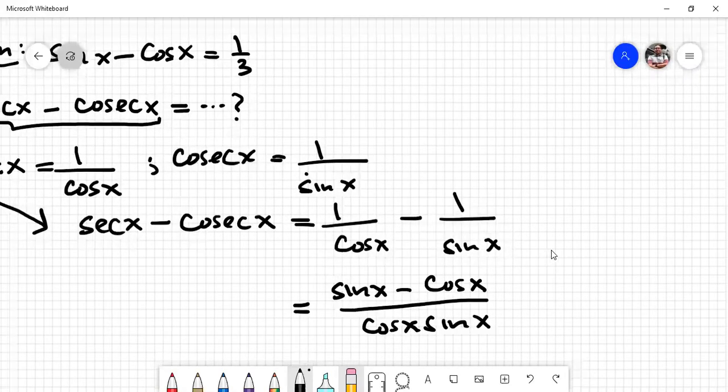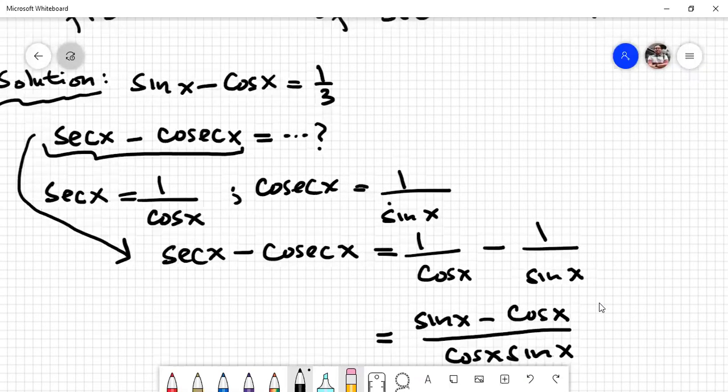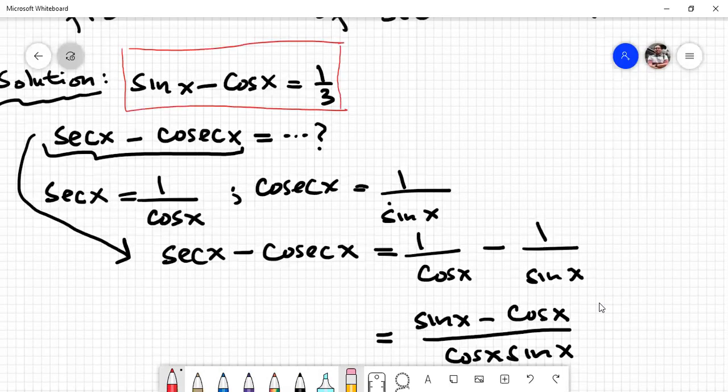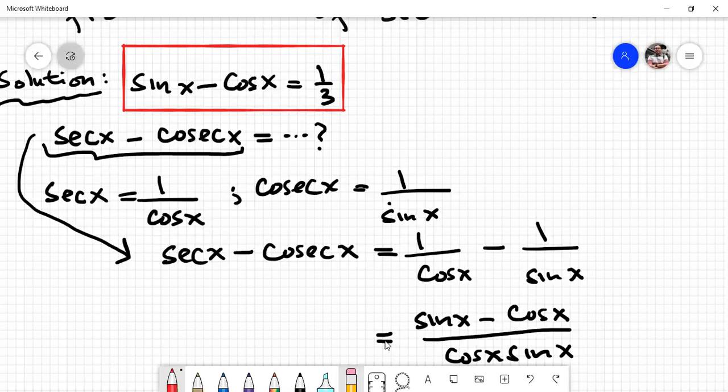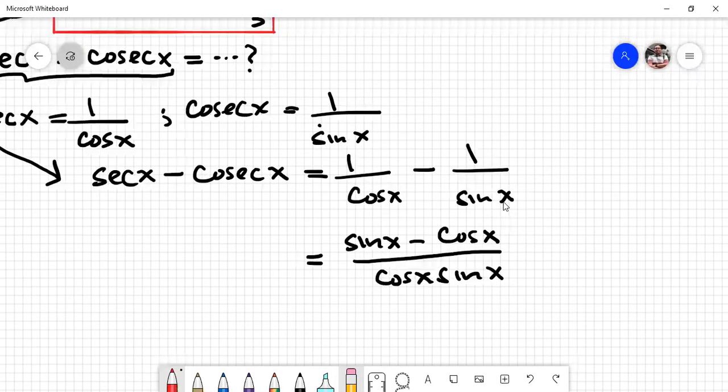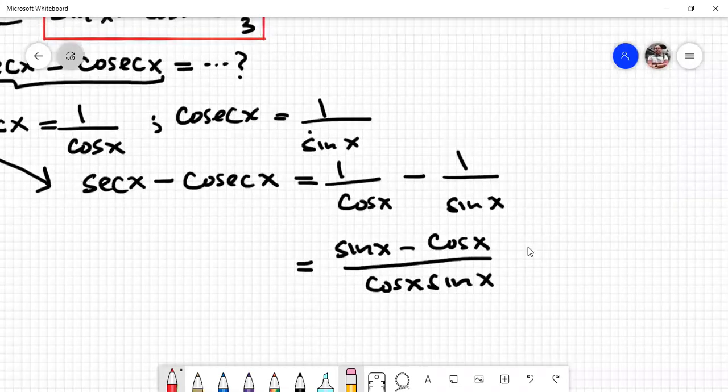Based on the question, there is information given to us. Look at this: sine x minus cosine x equals 1 over 3.